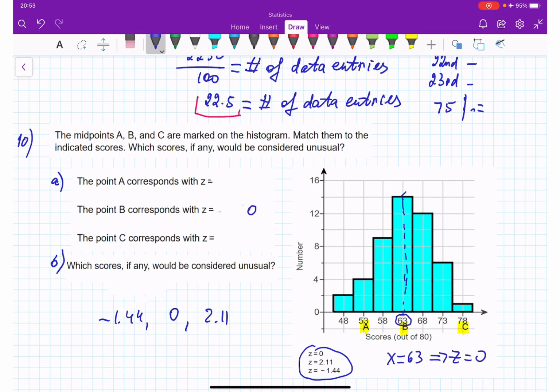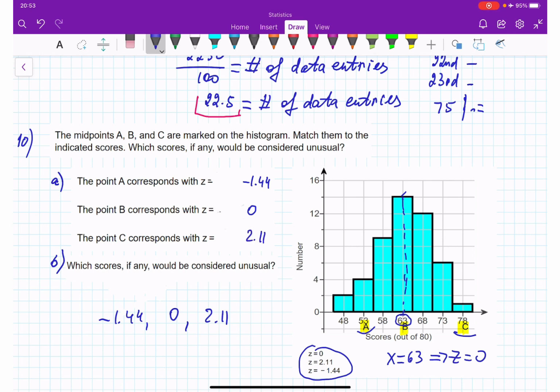Next, for point A, to the left of 0, the z-score is negative. I would recommend watching the video lecture to understand. A is to the left, so A is going to be -1.44, and C is positive because it's to the right, so we get 2.11.